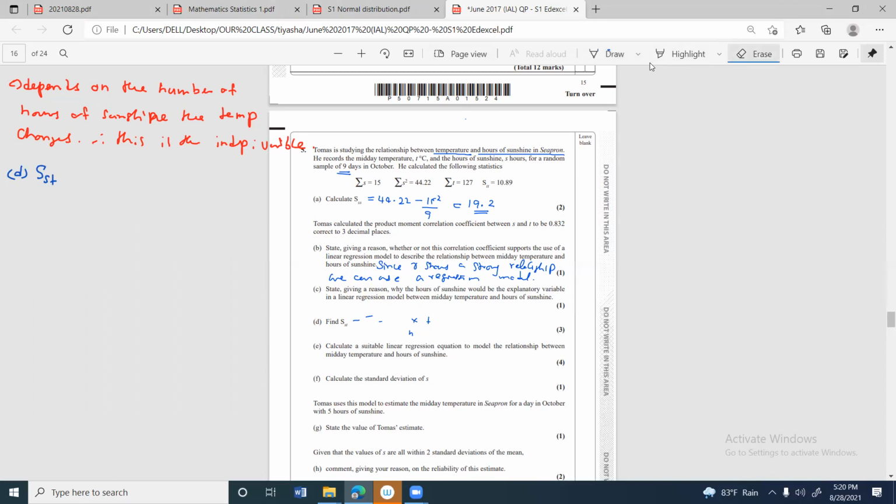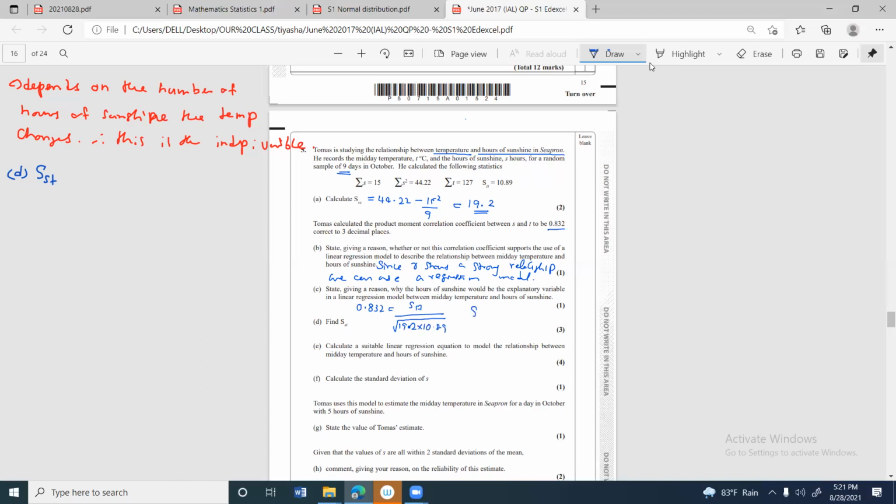We know the product moment correlation coefficient is given in the question. Here, the product moment correlation coefficient is given, this bit. Then you can say gamma 0.832 equals SST divided by the square root of SSS, which we already found as 19.2, into STT, which is given over here as 10.89.